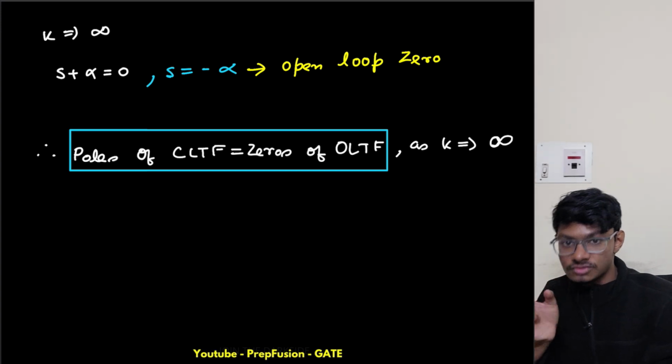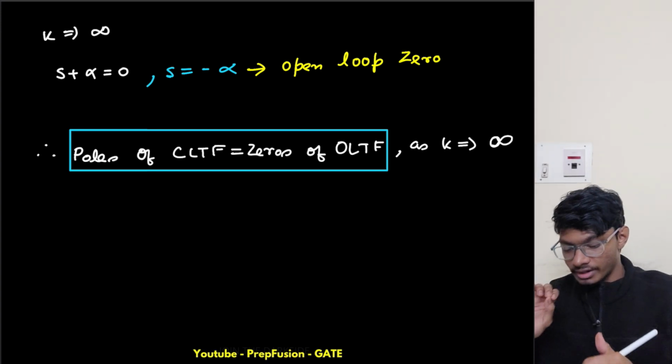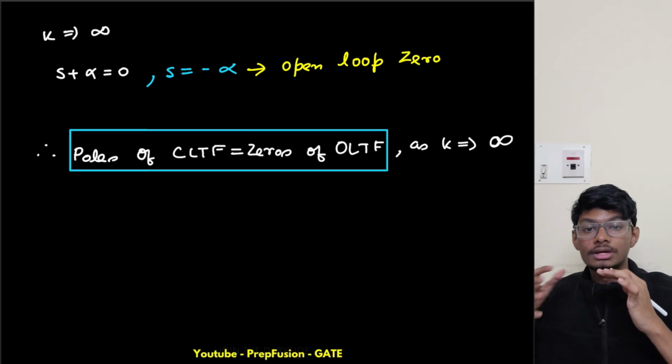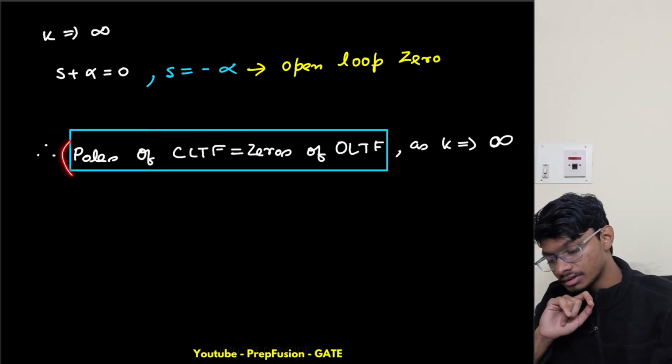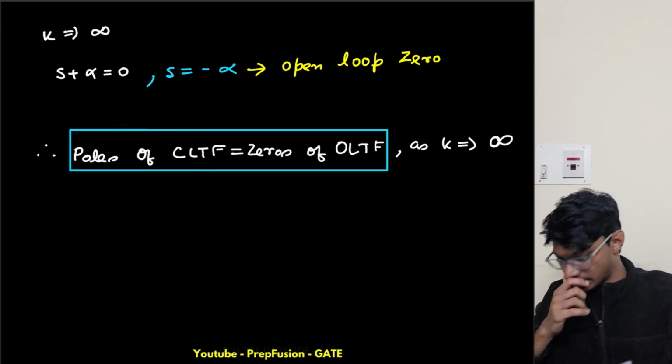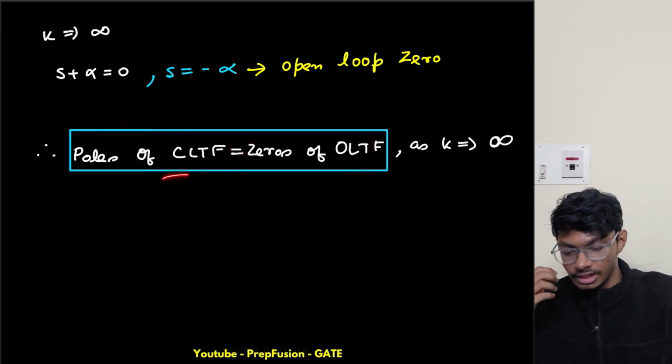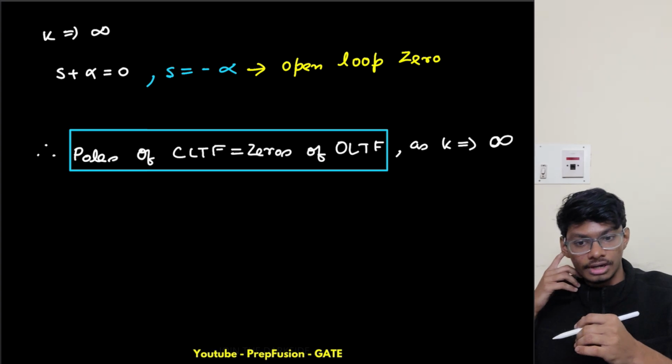So there is one catch over here. Now what if my number of zeros is less than my number of poles? I will still have n poles, and the number of zeros is still lesser, so they are not equating each other. Then what will happen?